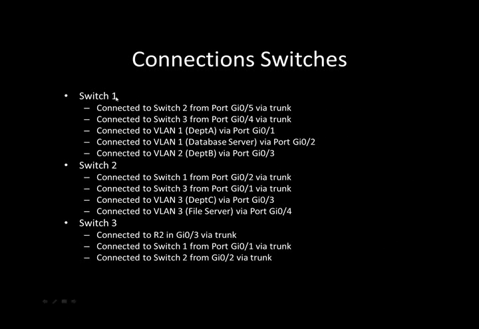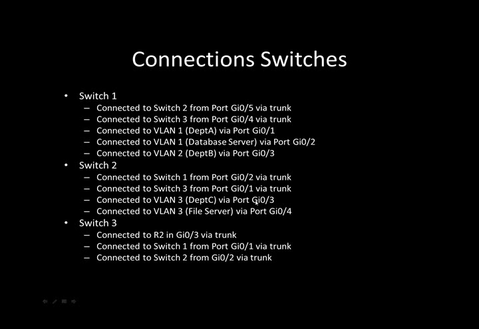As you see here, switch 1, every switch that connects to another switch has to be via a trunk port, because the trunk port carries all the VLANs and can see all the VLANs. And switch 2, same thing on these VLANs, and if you see the other ports like GI0/3, it's just connected to VLAN 3, and this port is not going to be a trunk port.